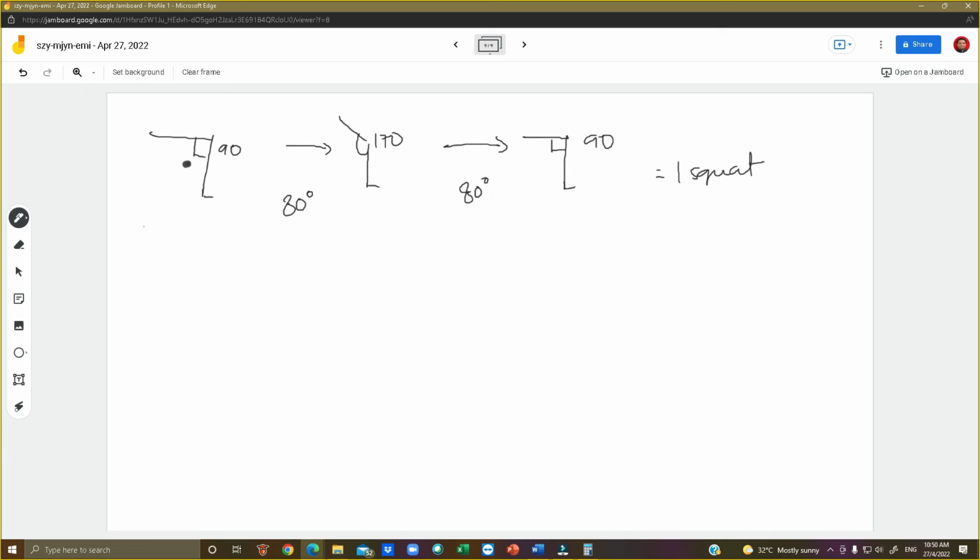So in order for one full squat to be conducted, the distance covered is 160 degree. How about the displacement for one full squat? Berapa displacement? 0. Okay, 0.